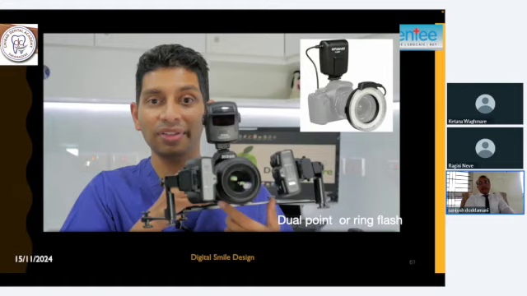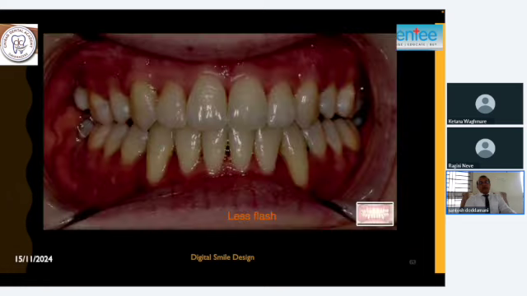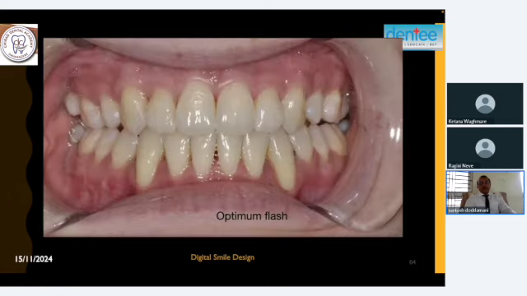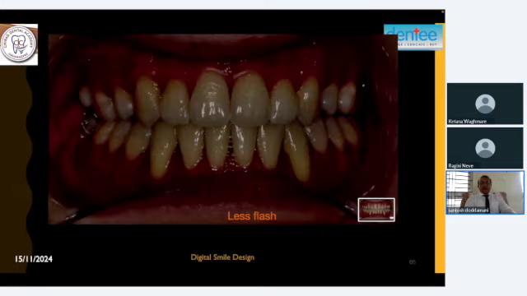For endodontic practice and pictures like that, you can use a ring flash, right? So here is less flash, more flash, and this is optimum flash. You can check these things as and when you start using the camera. You'll learn all this when you start using the cameras. So that is DSLR photography.